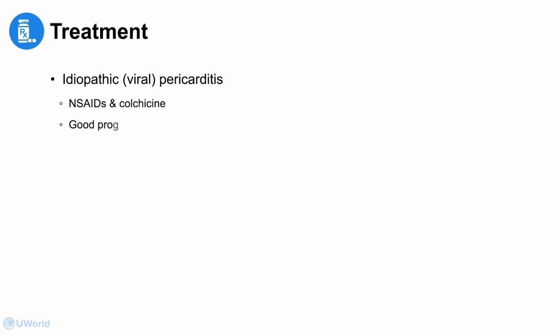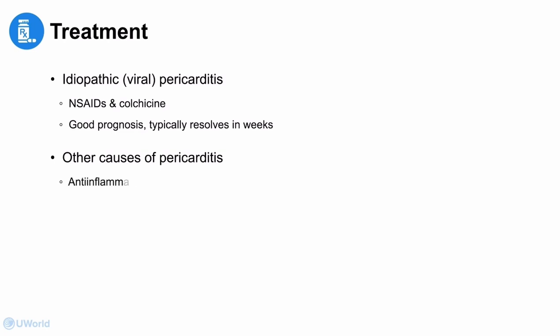The prognosis is generally good with appropriate treatment, and most patients experience resolution of symptoms within a few weeks. For other causes of pericarditis, treatment can involve the use of various anti-inflammatory agents, but also focuses on appropriate management of the underlying condition, such as initiating dialysis in patients with uremic pericarditis.